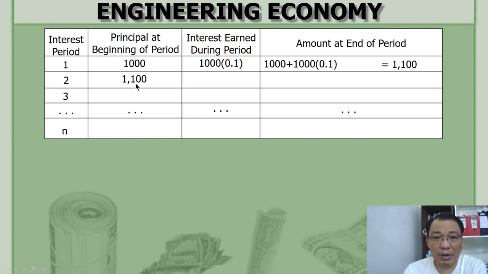For the month of February, mo-earn siya og 10%. Apil na mo-earn interest ang 100. So, the interest sa month of February is 1,100 times 0.1. So, by February 28 or 29, ang imong utang is this.